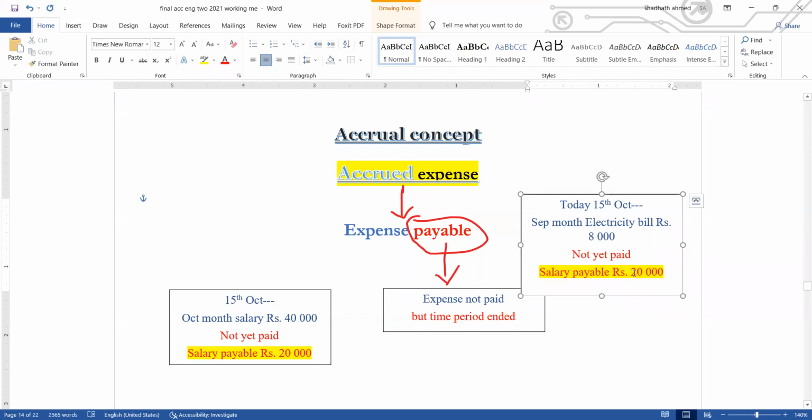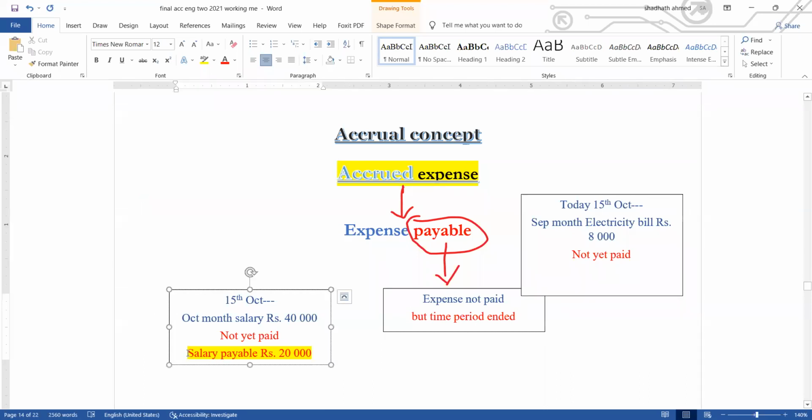September month electricity bill not yet paid. Can we say accrued electricity or else electricity payable, like salary payable or accrued salary?